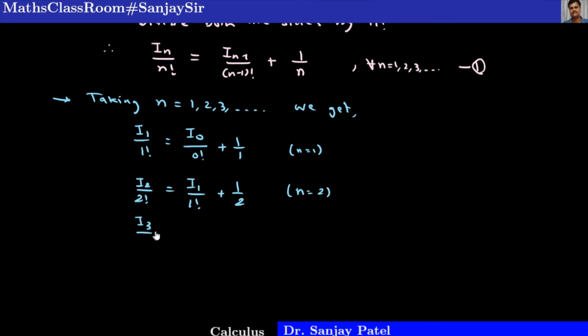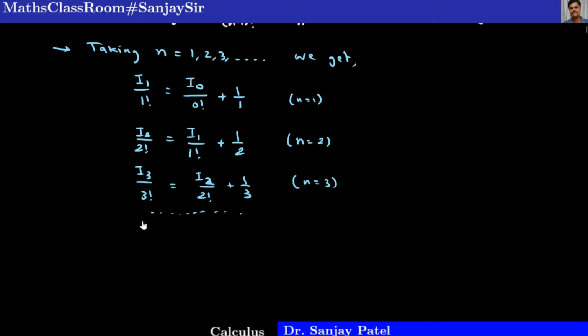For 3, similarly, we can write I3 upon 3 factorial is equal to I2 upon 2 factorial plus 1 upon 3 for n is equal to 3 and so on. And we want to write this type of equations for 1, 2, 3 up to n.